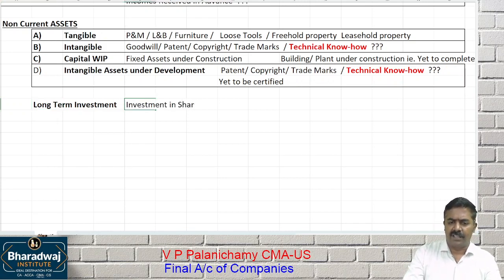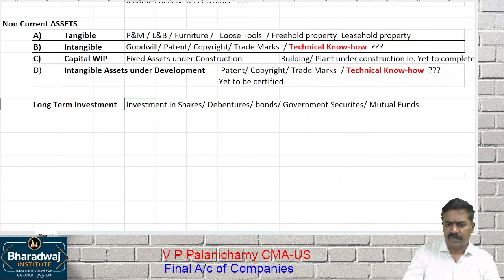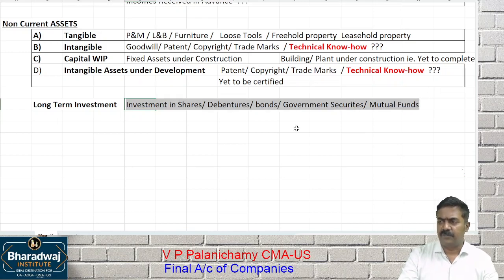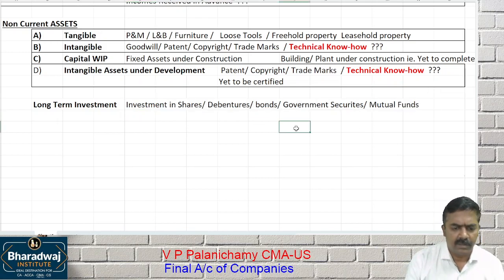Investment in another company's shares, debentures, bonds, government securities, mutual funds. These are the investments held by a company. We have to give detailed information about it.